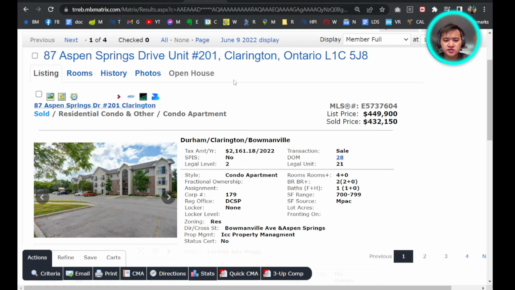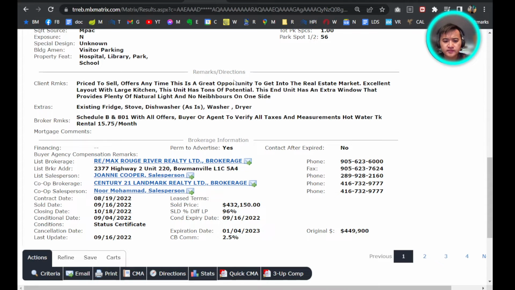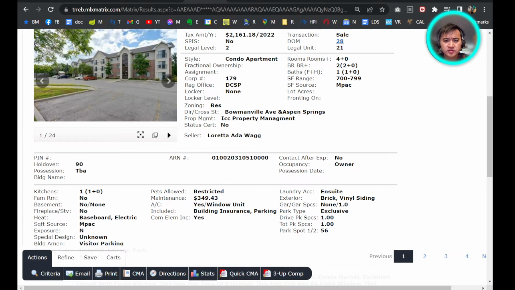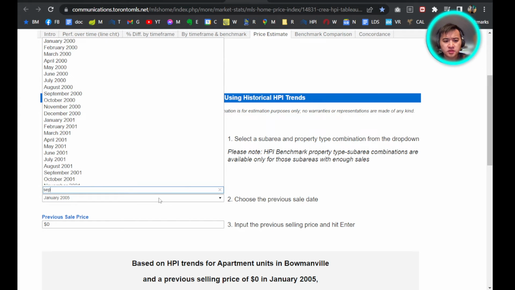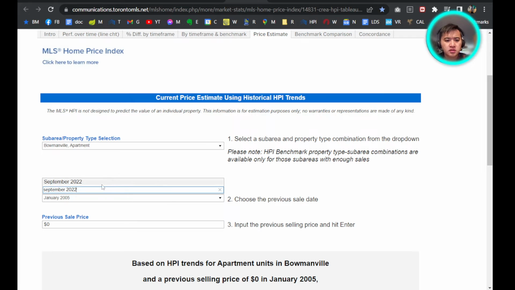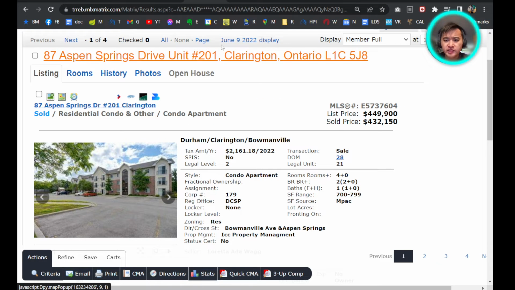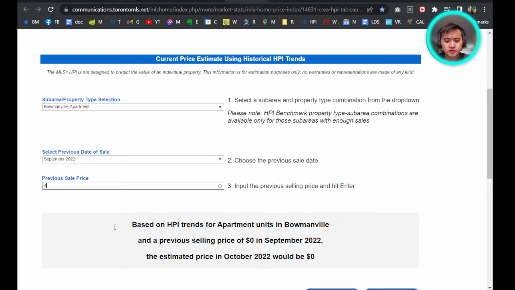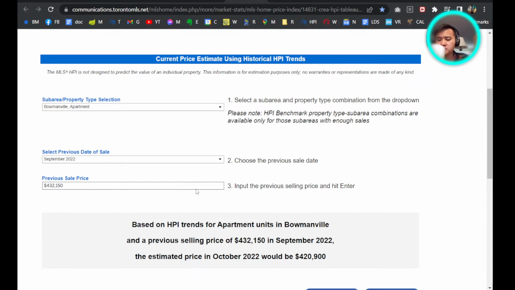Bowmanville apartment sold in September. Sold in September. 432,150. Enter.